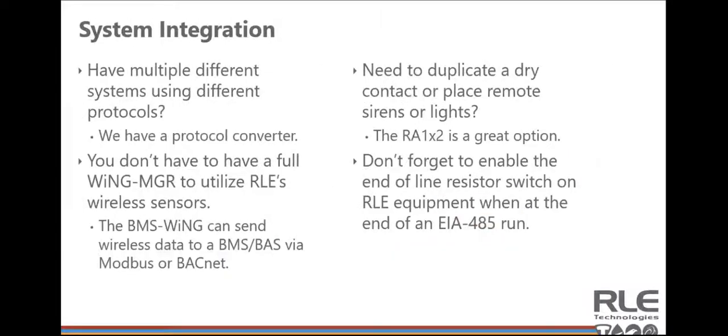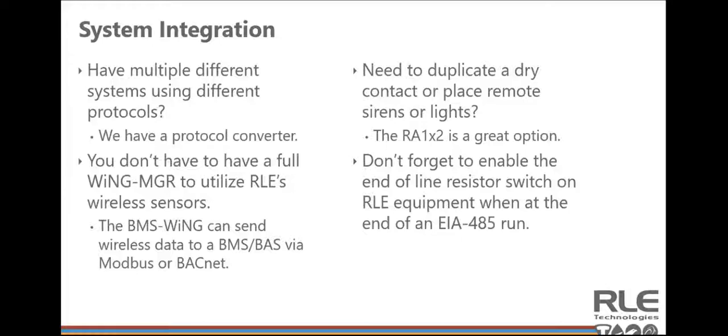The last item here is our Raptor line. And it is, as mentioned, devices designed to quickly implement or help add other types of sensing equipment to an already established BMS system.